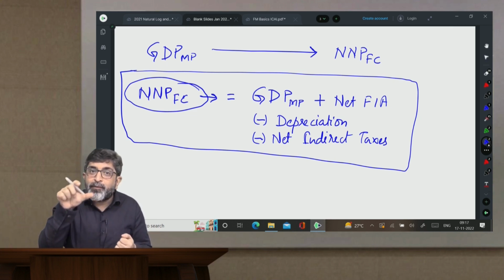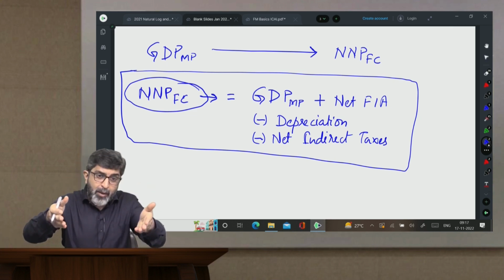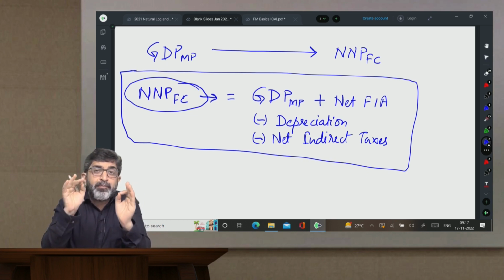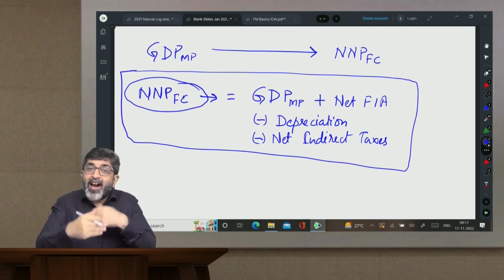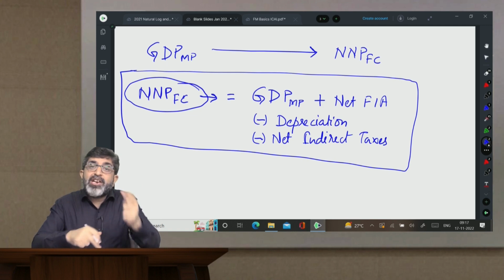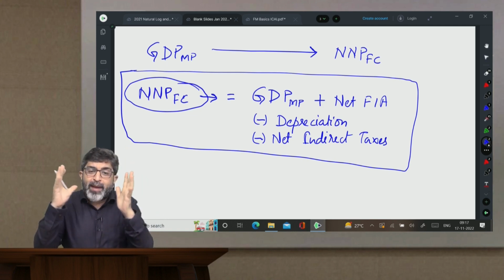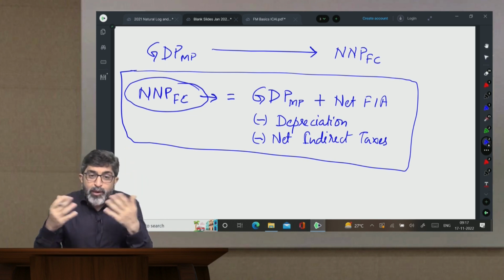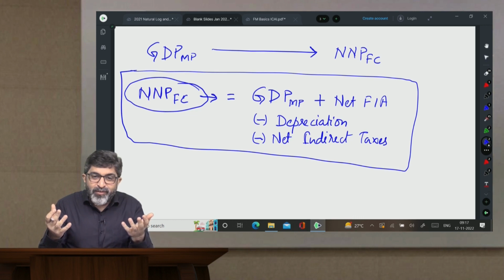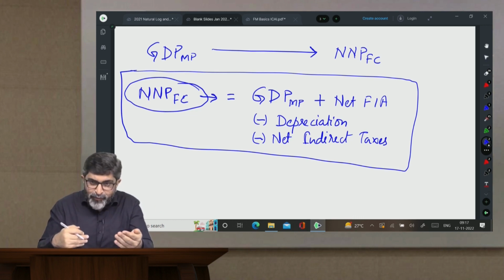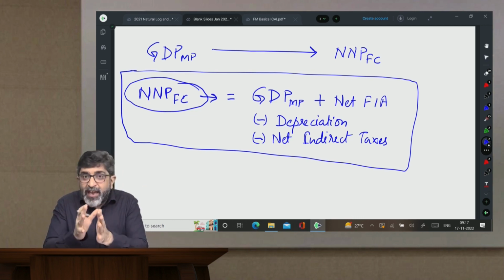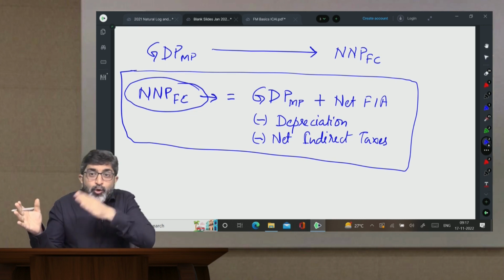For example, if I give you national income, that is NNP at factor cost, and I ask you to find GDP at market price, that is a gross value added, what will you do? Just the opposite of what we have done over here. You will have to convert net to gross.